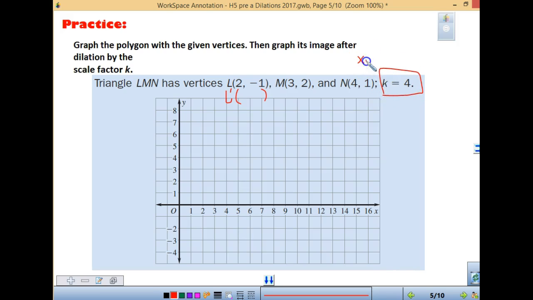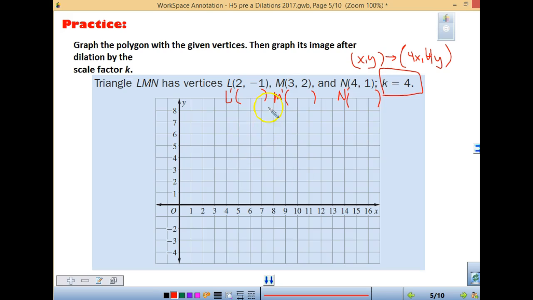So what that means is my (x, y) is going to change with a dilation scale factor 4: (4x, 4y). So please tell me M prime and N prime and graph both. And you can always connect those. Connect it, make a triangle.